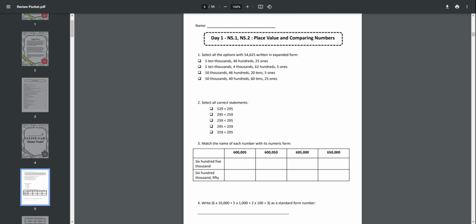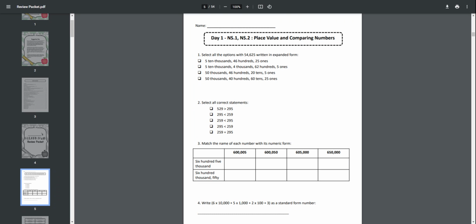Second choice, 5 10,000s, 4,000s, 62 hundreds, and 5 ones. Third choice, 50,000s, 46 hundreds, 20 tens, and 5 ones. And the last choice, 50,000s, 40 hundreds, 60 tens, and 25 ones.